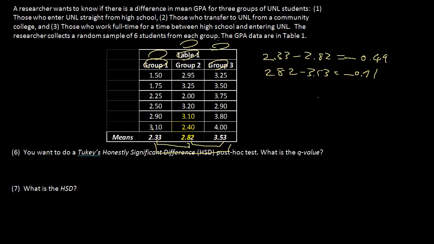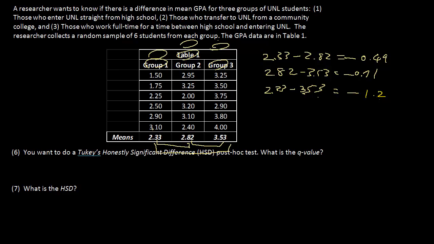And I want to compare group 1 and group 3, so let's calculate the mean difference. 2.33 minus 3.53, which would be again minus 1.2, looks larger than the other 2.